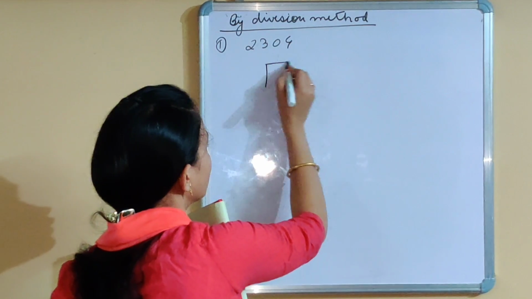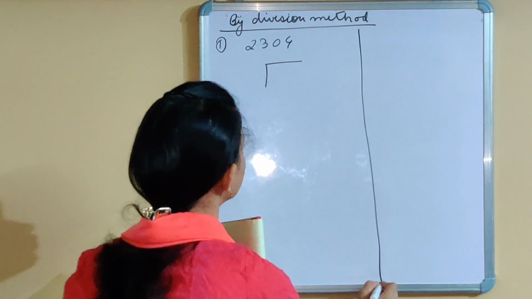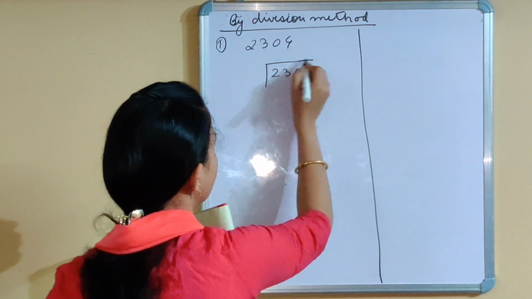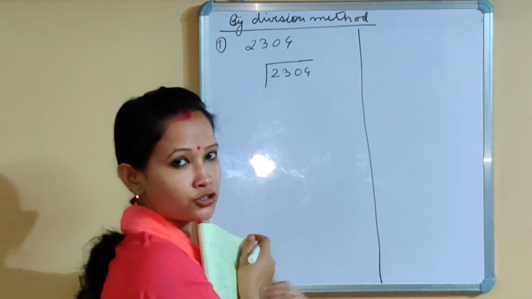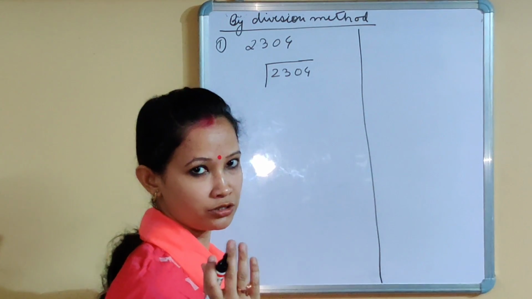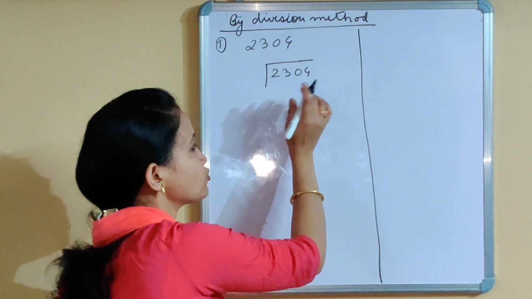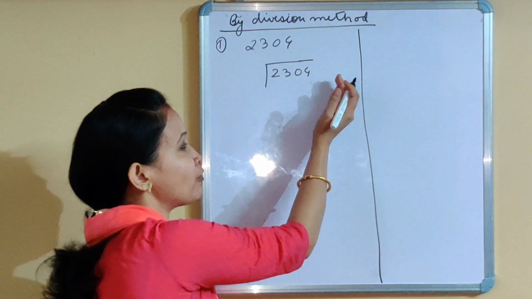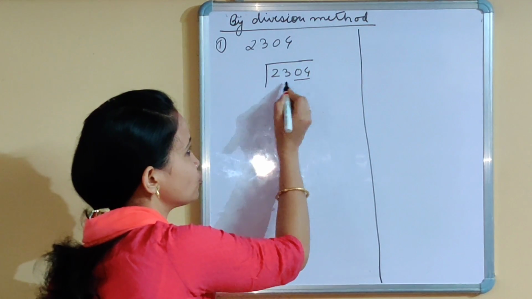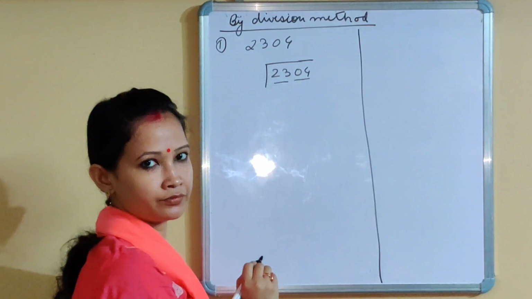Now, how will you find the square root with the help of the division method? As I told you, it's not the usual division which we generally do. For this, we start pairing from the back side, or from the right hand side. Pairing means we take two numbers.